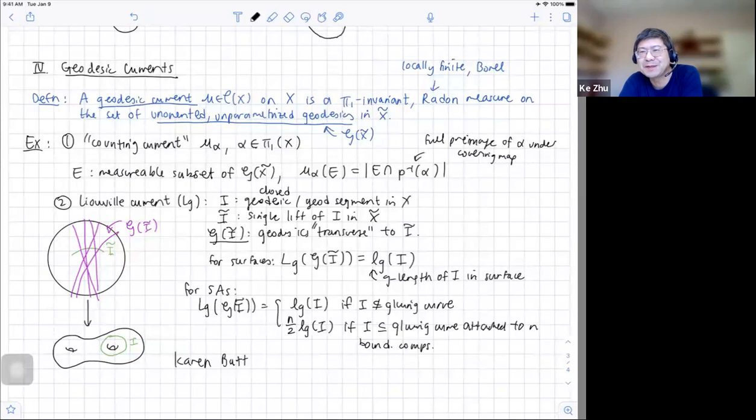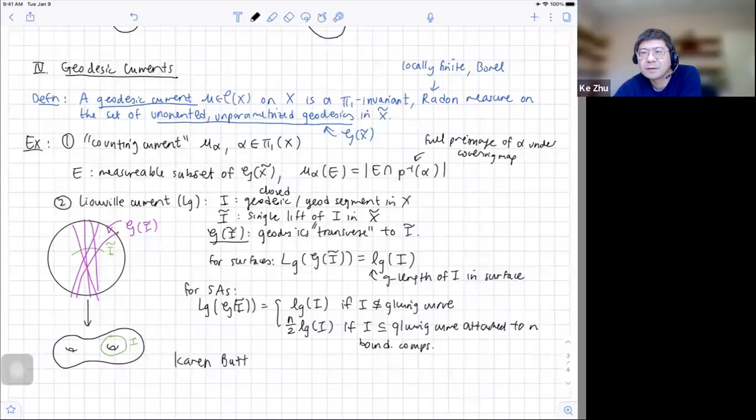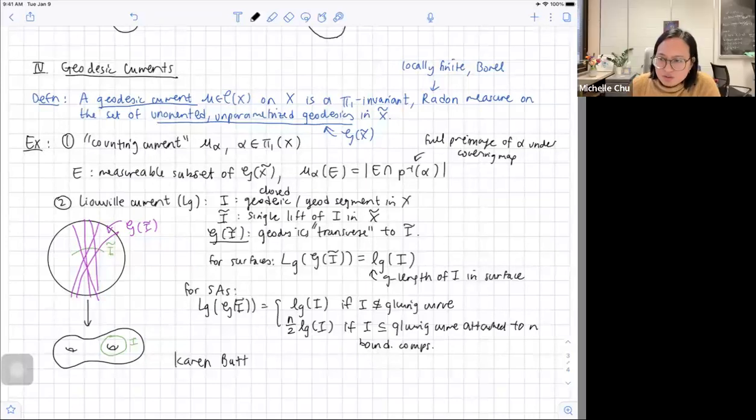Can you show me one example where the marked length spectrum is different from the unmarked length spectrum? I just want to understand the meaning of the marked. So yeah, if you remove the mark and you just look at the set of lengths, then it's no longer rigid. You can construct pretty easily examples of hyperbolic closed surfaces with the same length spectrum that are not isometric.